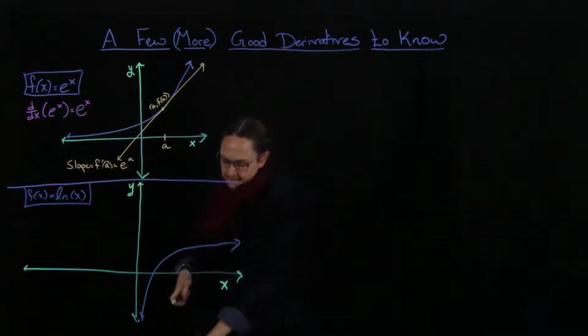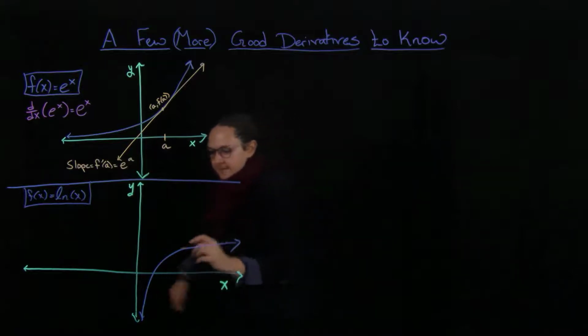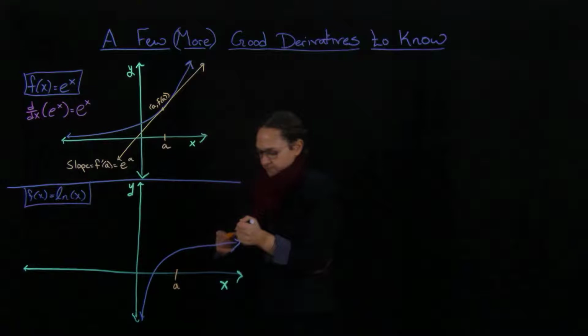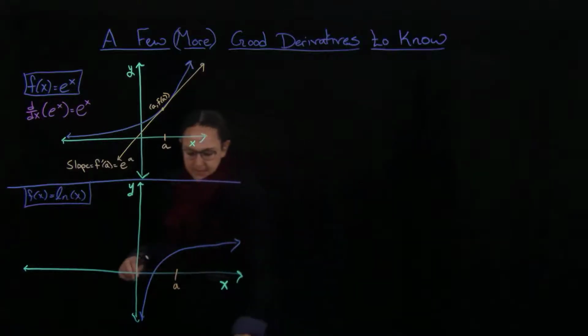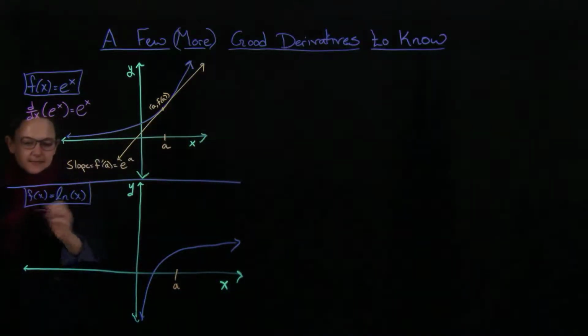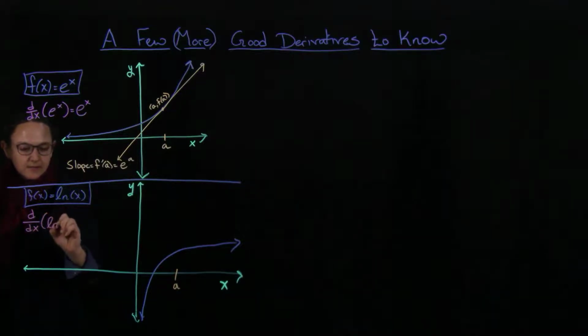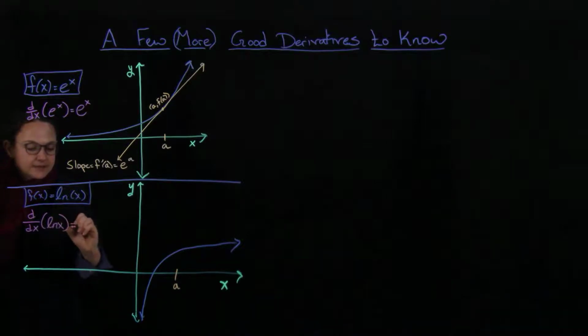And then if I look at a point A, I know that d dx, the derivative with respect to x of the natural log of x, is equal to 1 over x.